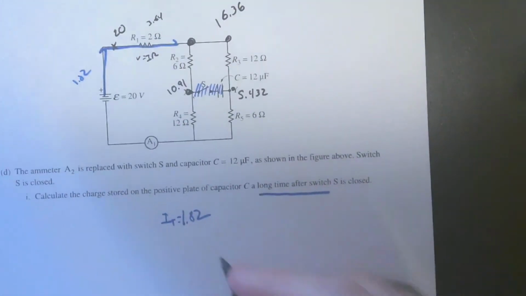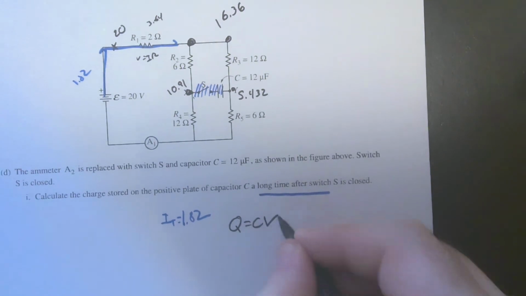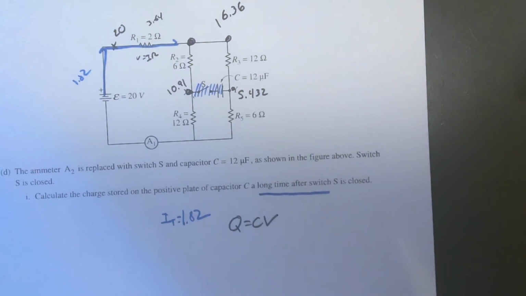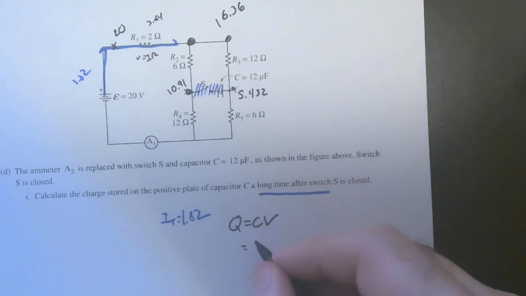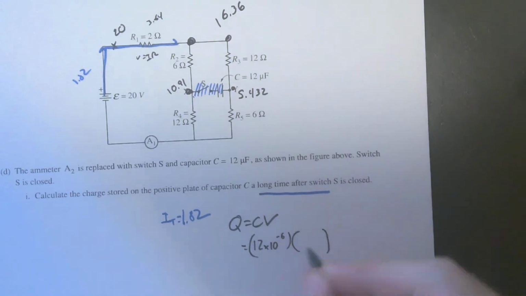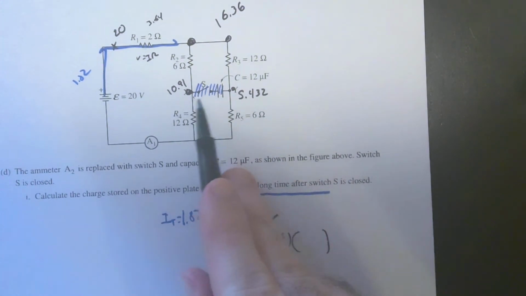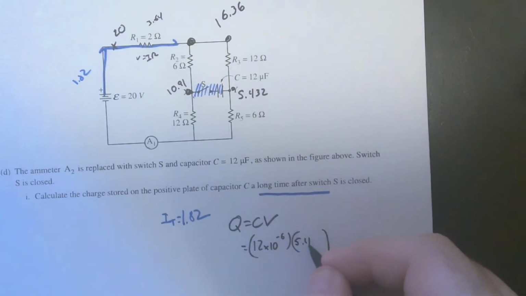I want to find Q? Easy. Q equals CV. I know the capacitance is 12 microfarads. The voltage is the difference between these two, which happens to be 5.432 or 5.43, whatever it is.